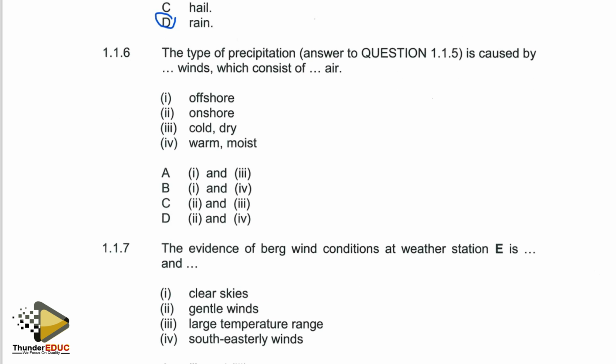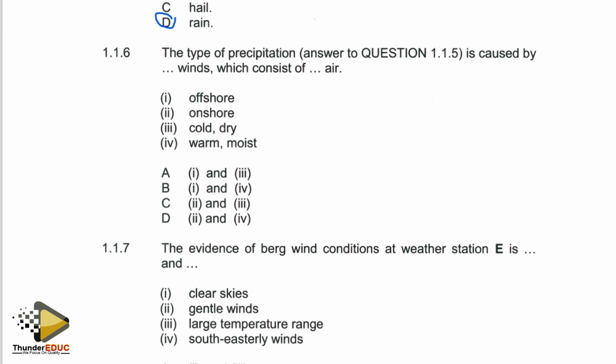Right, we go to the next question, to answer question number 1.15. What causes the rain is, we want to look for the first item, the type of winds which will cause that type of precipitation.